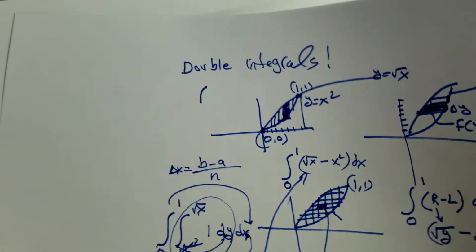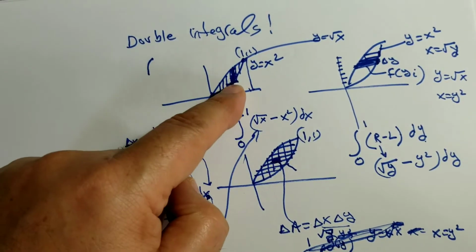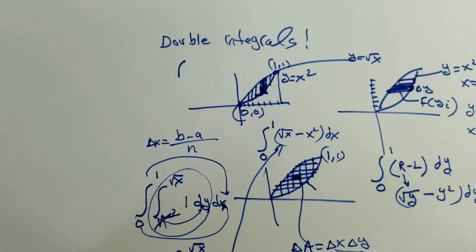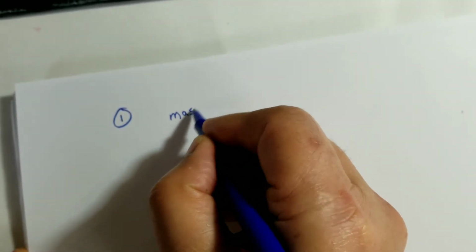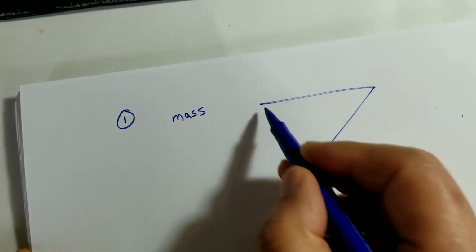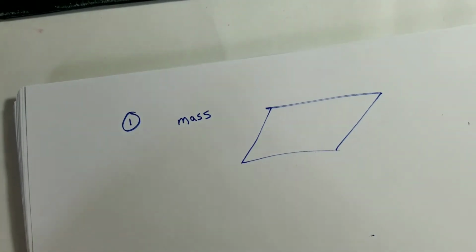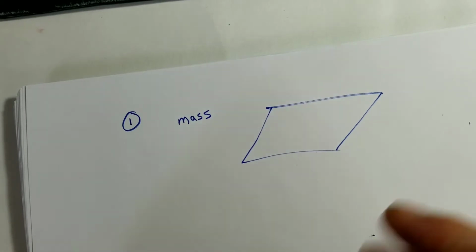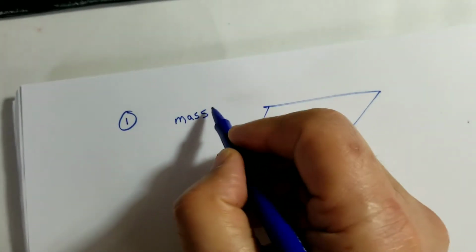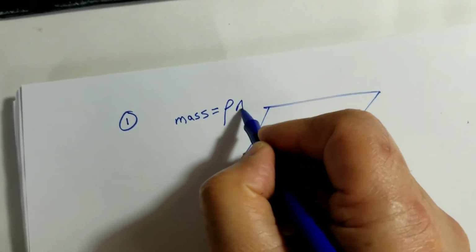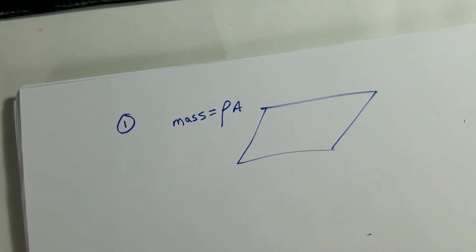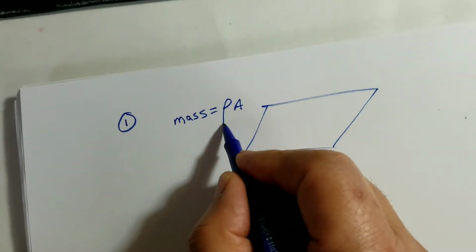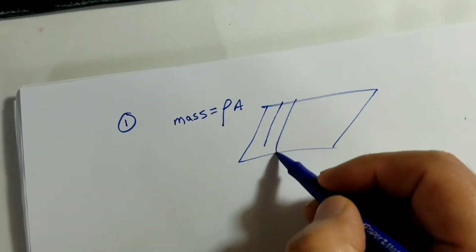And somebody said, if I can do single integrals, why do I have to do double integrals? I'm going to give you some examples. Number one, sometimes I want to find the mass of a plane, a very thin plane. You need to ignore the thickness. This is called a laminar plane. And mass is always density times area. But the density is not always uniform.